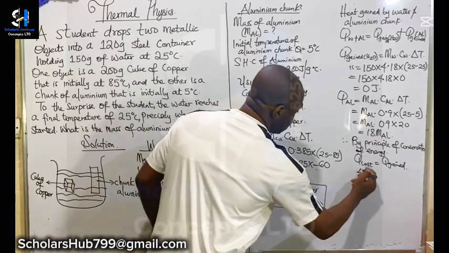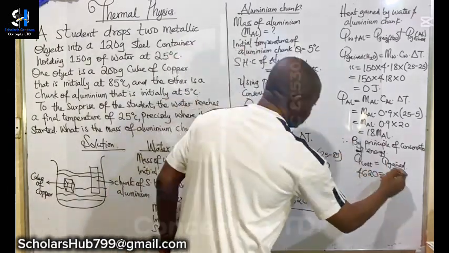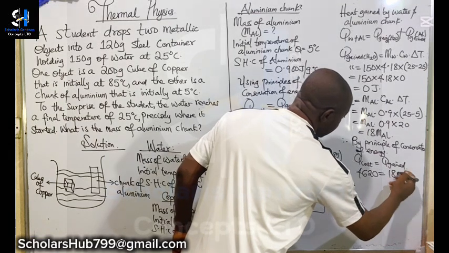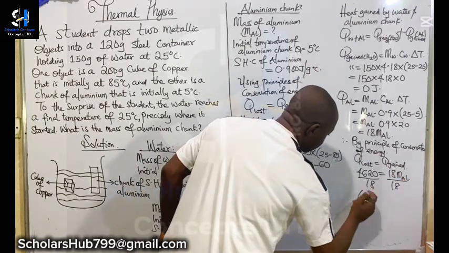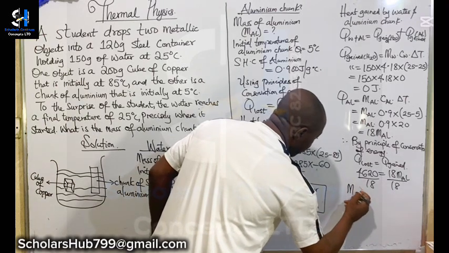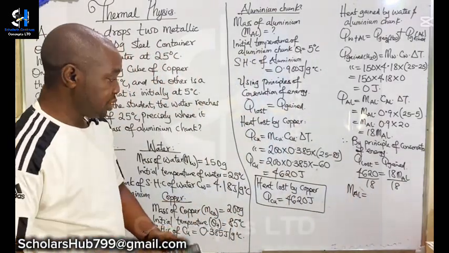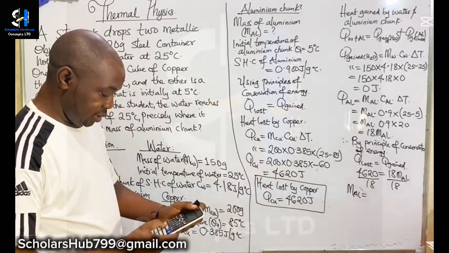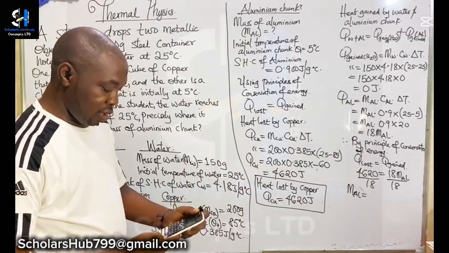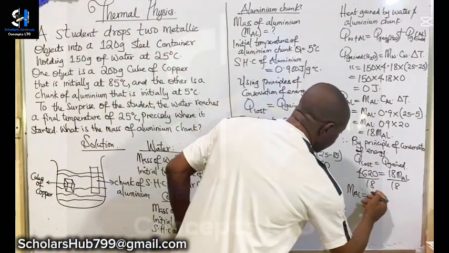Heat lost is 4620, and heat gained is 18 MAL. When we divide both sides by 18, the mass of aluminium is 4620 divided by 18, which is approximately 256.7.